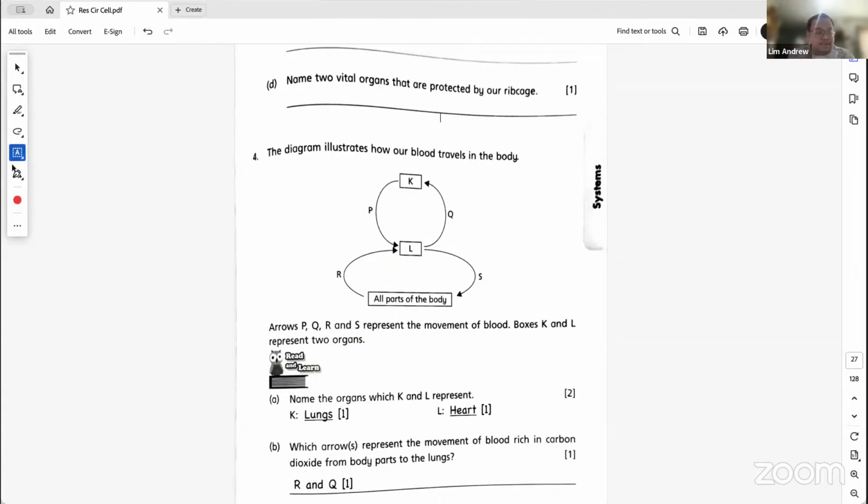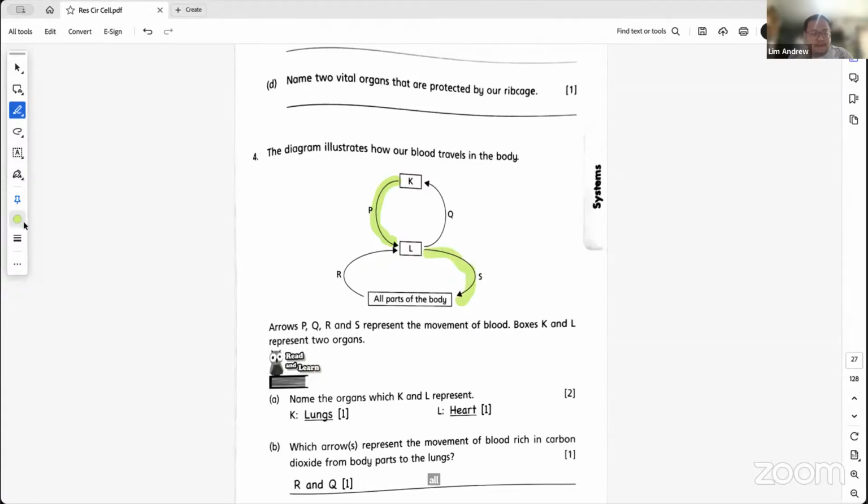All right, if not, I will explain now. For this case, blood P will be the one that is rich in oxygen because it flows from the lungs to the heart. And from the heart to all parts of the body is rich in oxygen, all right?